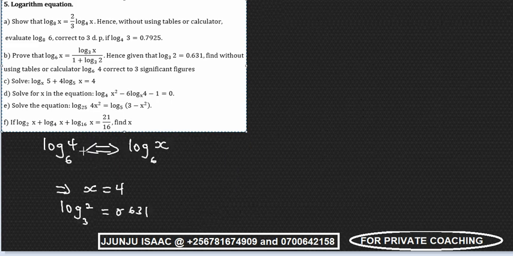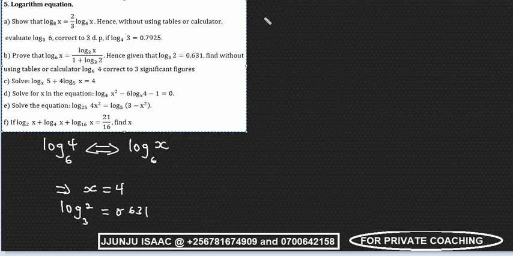Log base 6 of 4, if you compare with log base 6 of x, x is 4, then log base 3 of 2 is given in the question. So we need to create it. We need to create a log base 3 of 2 and we substitute for it. So now by comparison we see that x is equal to 4.